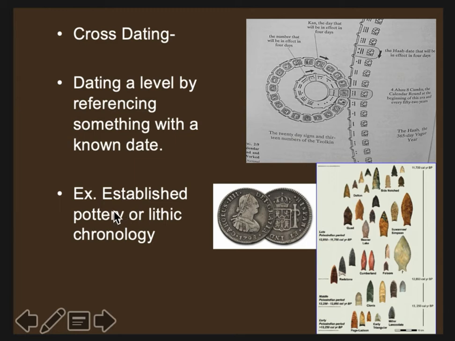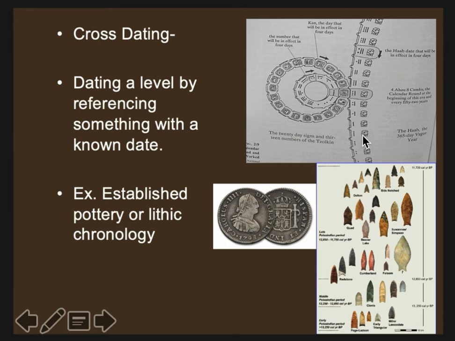Maybe not as accurate as within a 50-year range, but maybe within a few 100-year range. Or lithics, right? So projectile points in North America. When you find these projectile points, you have a pretty good idea of an approximate date for that site or for that level. Coins, of course, will give you a good date to the year.